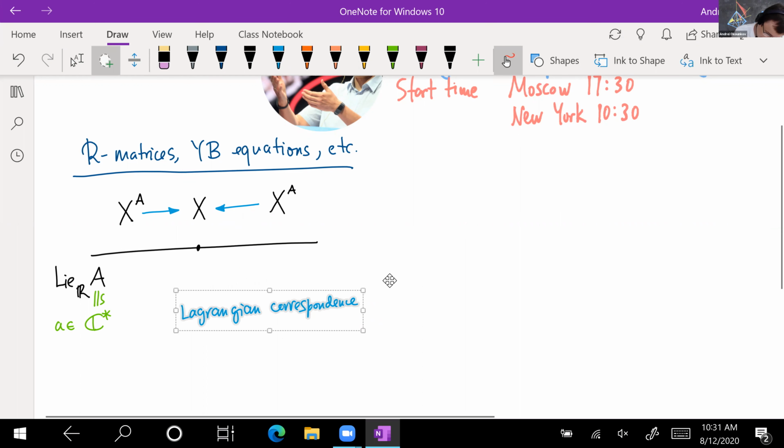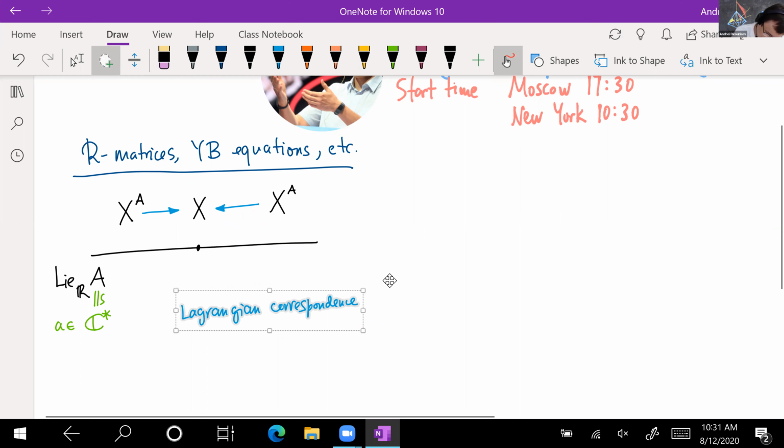What we want is a sort of Lagrangian correspondence, in elliptic cohomology, between X and the fixed locus.